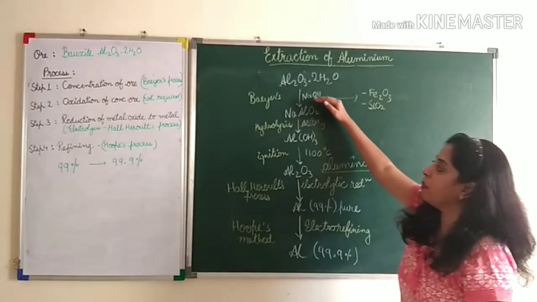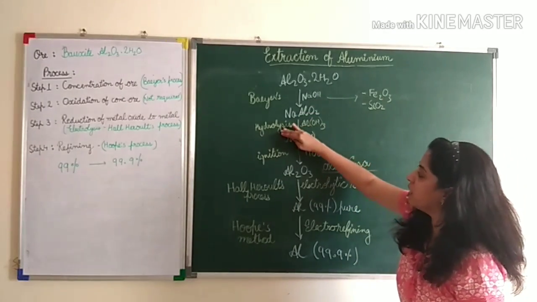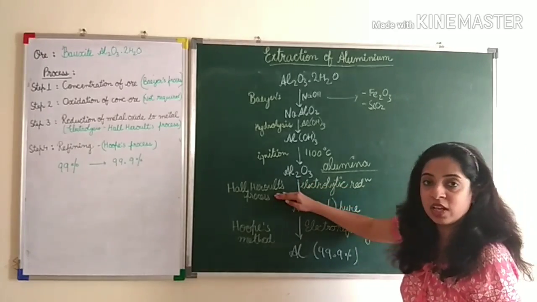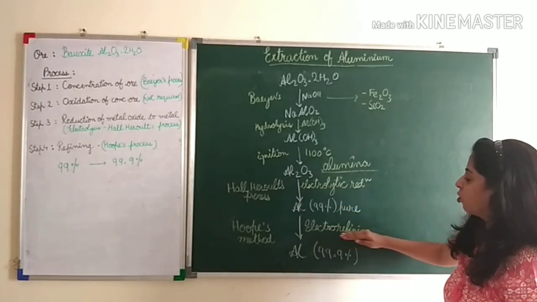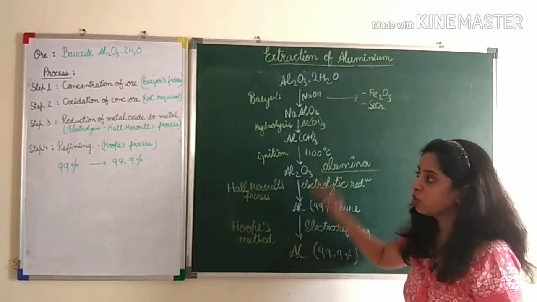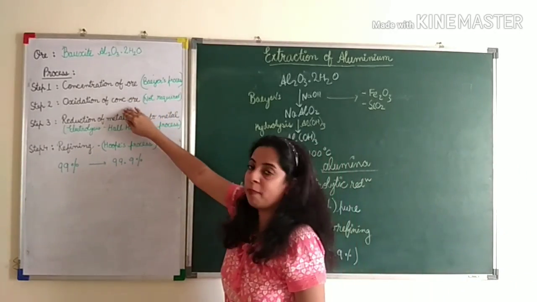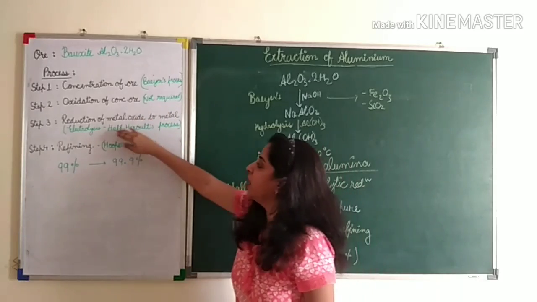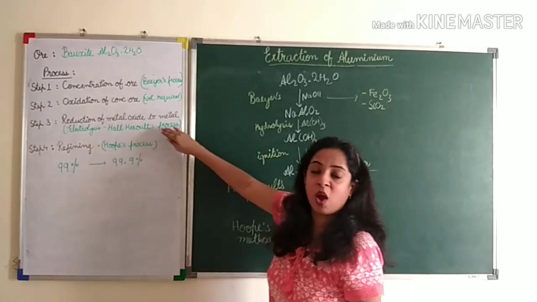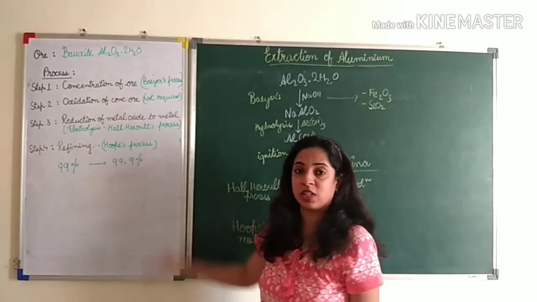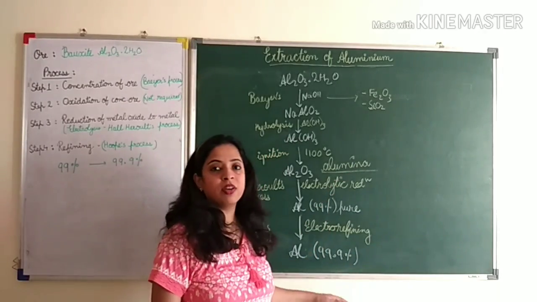First we followed Bayer's process, then hydrolysis, then ignition, then electrolytic reduction which is known as Hall-Heroult's, and electro refining which is Hoop's. So we followed all the methods: step 1 concentration by Bayer's, step 2 oxidation not required, step 3 electrolysis by Hall-Heroult's method, and step 4 electro refining by Hoop's process.